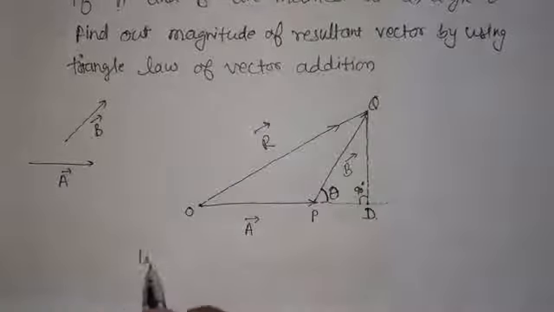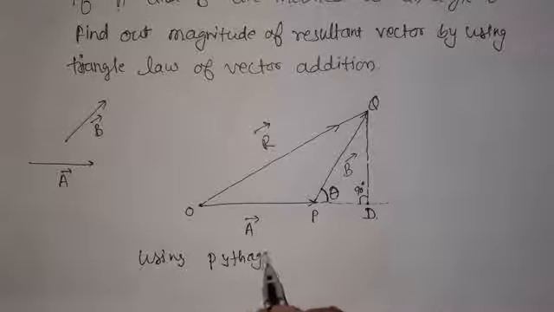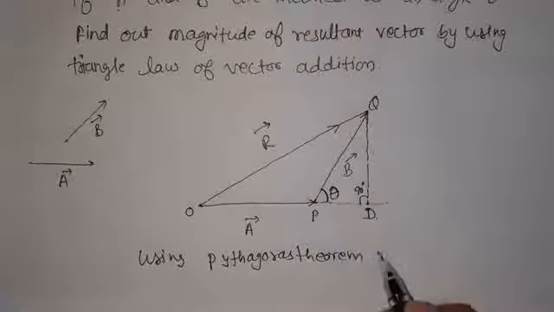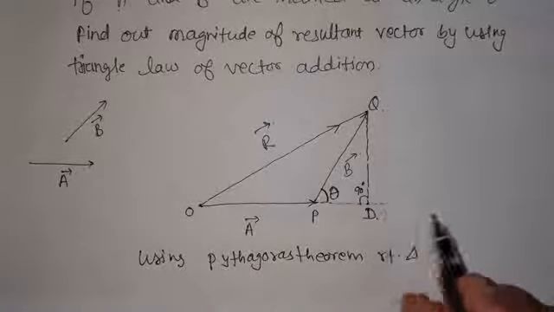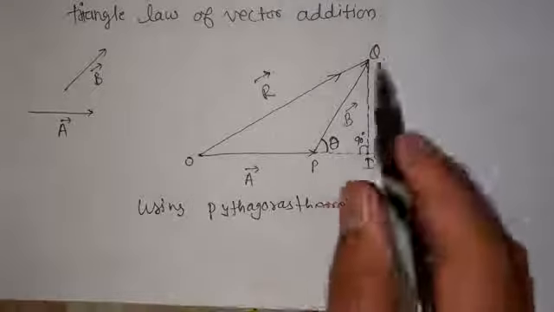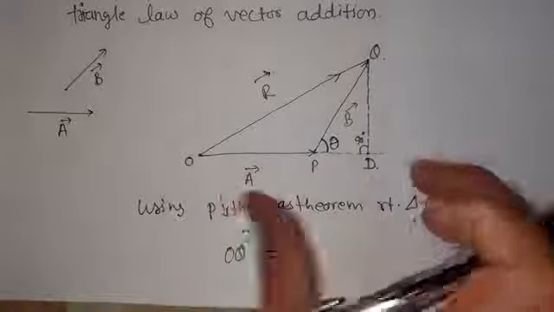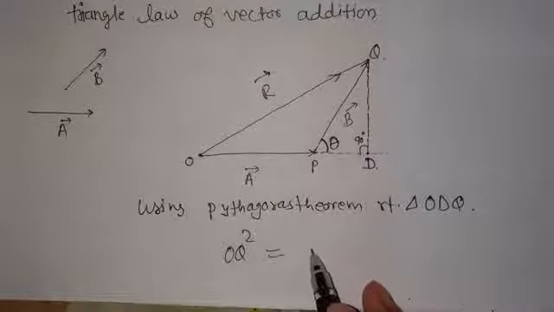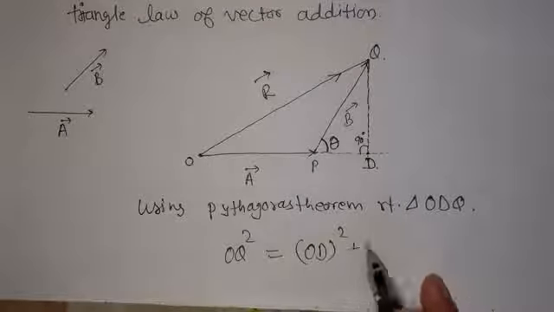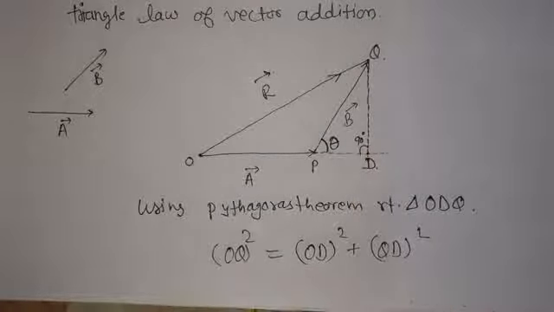So we are going to use the Pythagoras theorem for that right angled triangle, which is ODQ. It says that the square of the third side is equal to the sum of the squares of the other two sides. So it is OD squared plus QD squared, from the Pythagoras theorem.